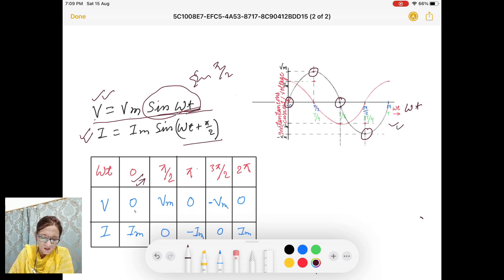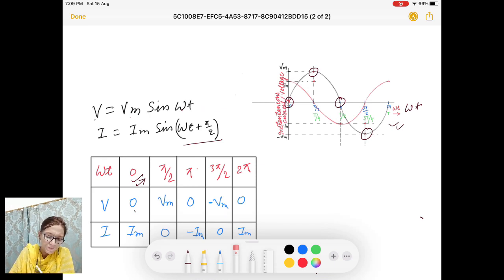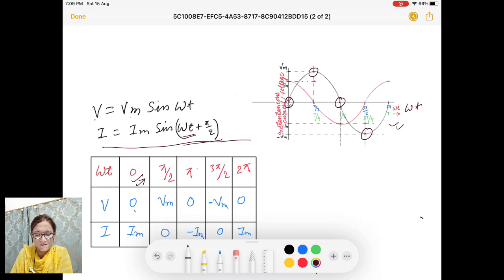So you can also draw the current versus omega t graph. In the second equation, when you put omega t equal to 0, it remains sin pi by 2 only. Sin pi by 2 is equal to 1.